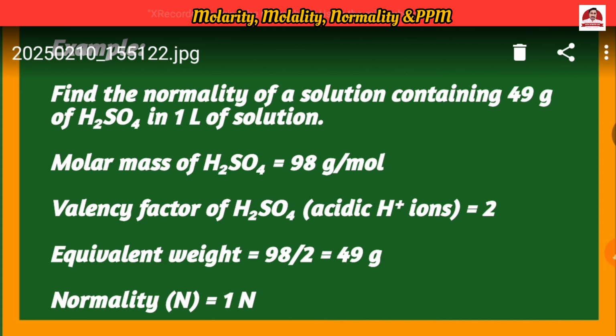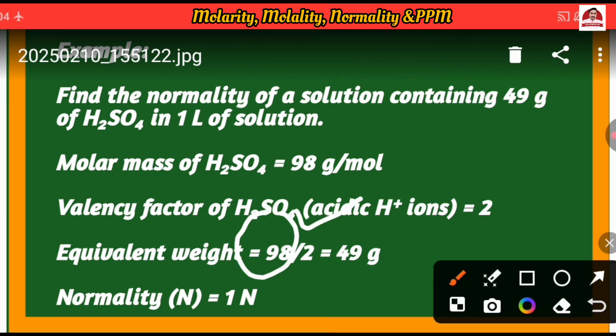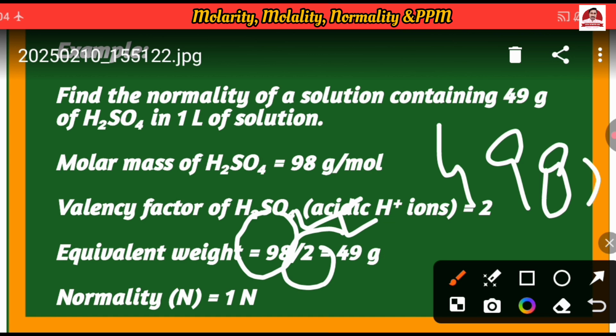Now we will find the equivalent weight. We know that equivalent weight is equal to the molar mass of a compound or molecule divided by its valency factor. So here the molar mass is 98, and its valency factor is 2. By dividing the molecular weight by the valency factor, we get 49 gram.